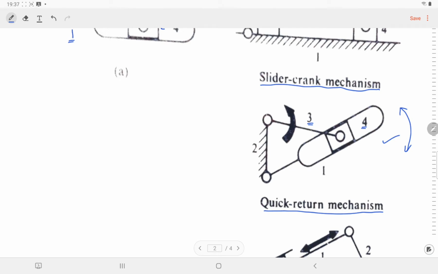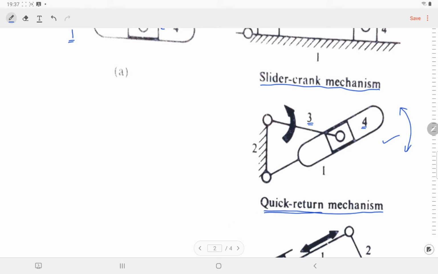In this oscillation, if you see, it will go very fast in one direction compared to the other direction. Since while going forward it will go slowly, and while coming back it will come quickly, it is called the quick return mechanism.